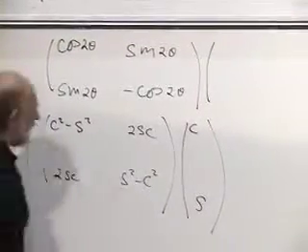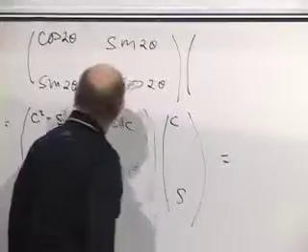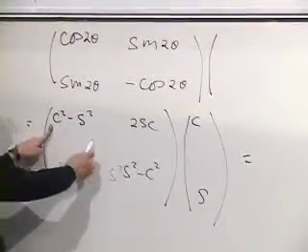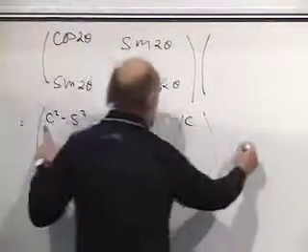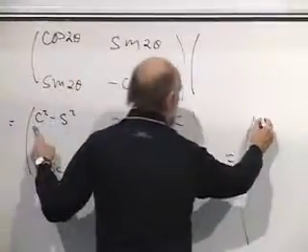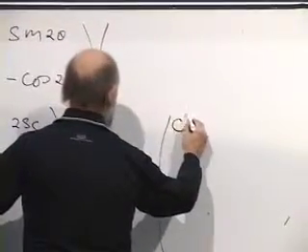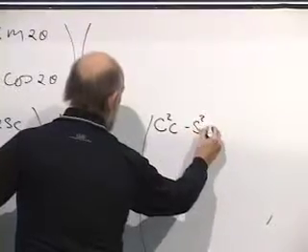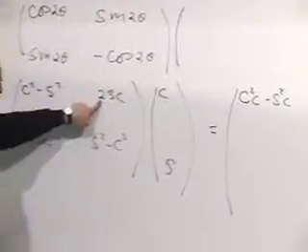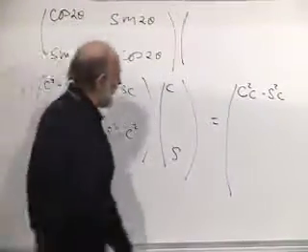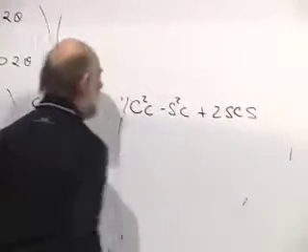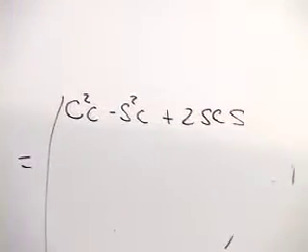Okay, let's just work it out. We have to multiply C squared minus S squared by C. So in the upper place we have C squared C minus S squared C, that's this times this, plus twice SC times S. What about in the bottom?